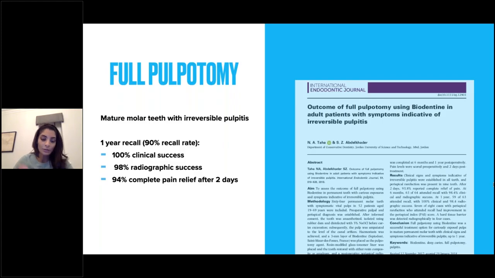At their 1-year recall, they had quite a good recall rate here, and they had 100% clinical success, 98% radiographic success. These patients are obviously coming with quite severe pain if they've got irreversible pulpitis, and 94% of them had complete pain relief within 2 days. So the initial studies are showing very positive outcomes for the full pulpotomy procedure.